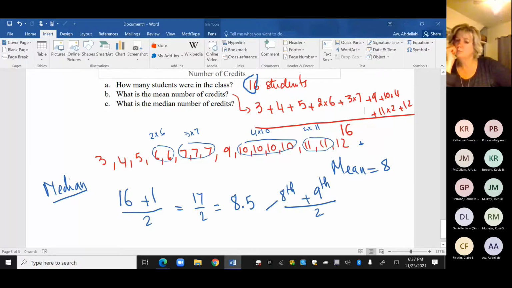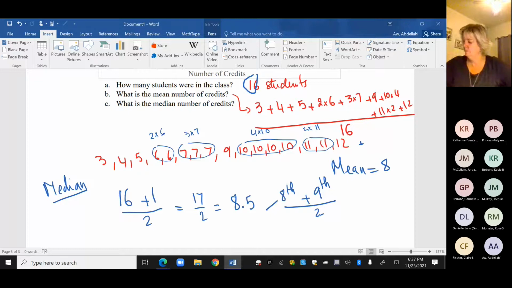If you get 8.5, you add up the 8th position and the 9th position and divide by 2. Not the 7th and the 8th. Again, it's not 8 plus 9, it's the 8th position plus the 9th position divided by 2.